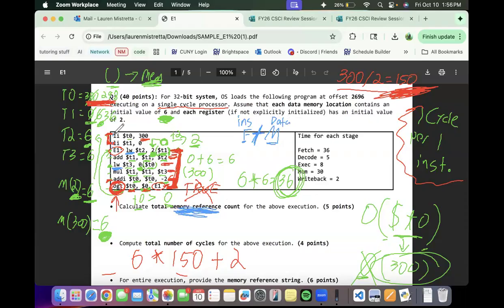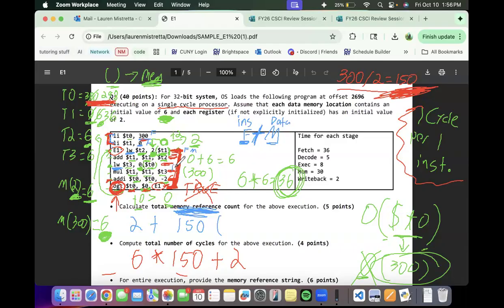Okay, start out with the first two, load immediates. Remember, with load immediate I'm not going into memory, I'm taking these values here. So I'm only fetching for these two: a fetch here and a fetch there. So 2. Now I deal with my loop. I know this is going to be looped 150 times, but how many references are in each iteration? Well, load word is going to have 2, a fetch and a memory.